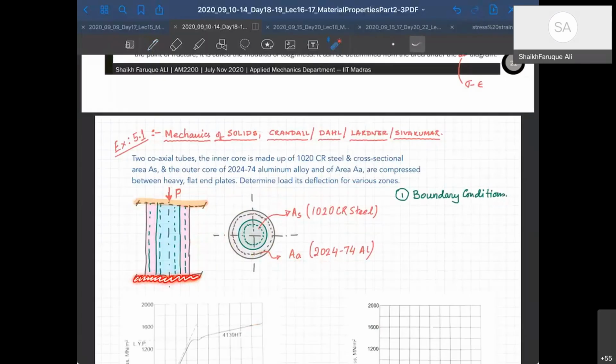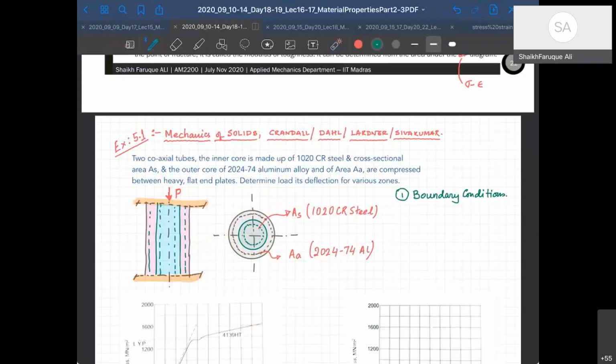They are very rigid. If they are rigid, what will happen? The compression in the steel member will be the same as the compression in the aluminum member, right? They will undergo the same compression. The deflection on the top will be the same. So aluminum will not compress any more.